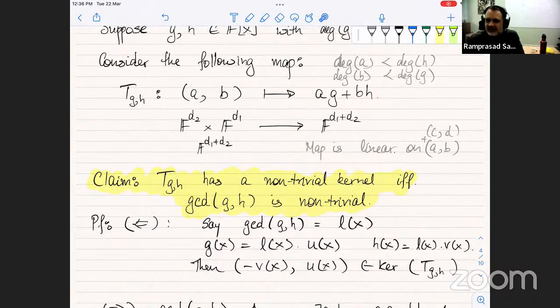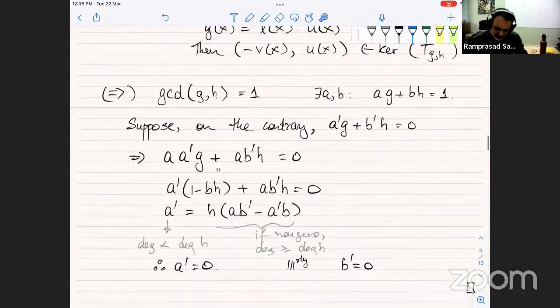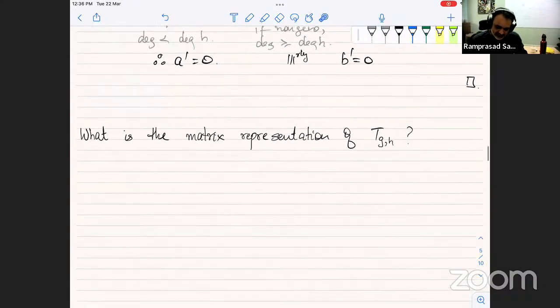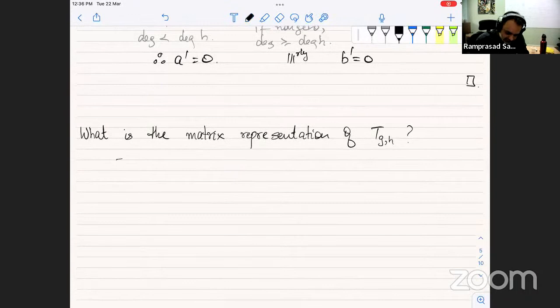And because it is a linear map, you should be wondering, what is the matrix representation of this linear map? If I were to write this linear transformation as a matrix, what will that matrix look like? So that's what we are going to do. What is the matrix representation of this?